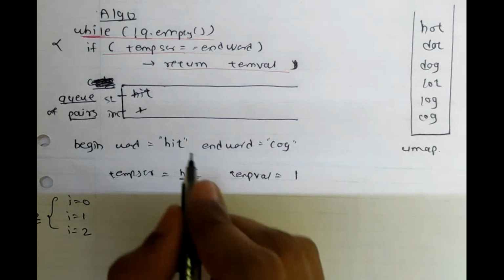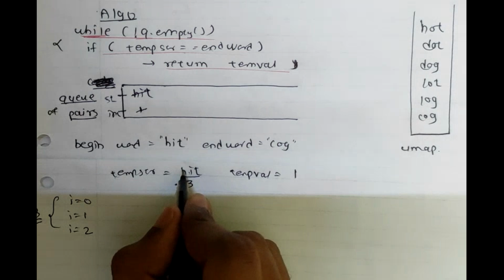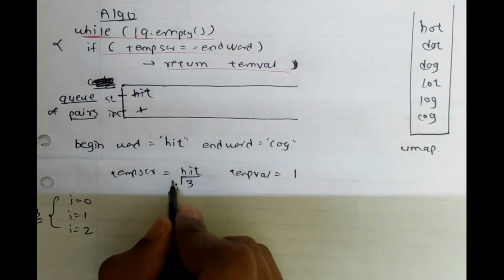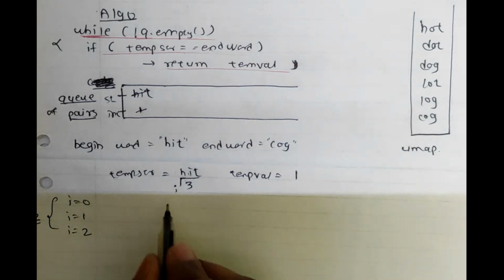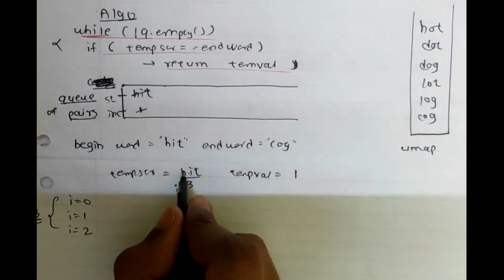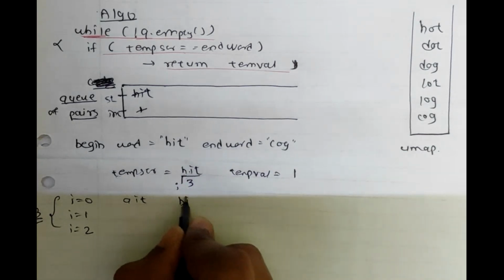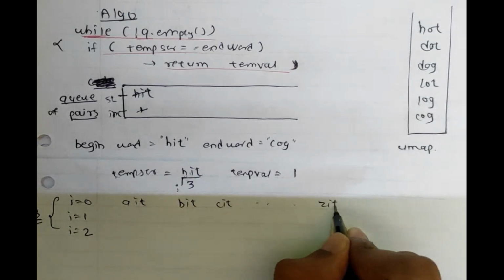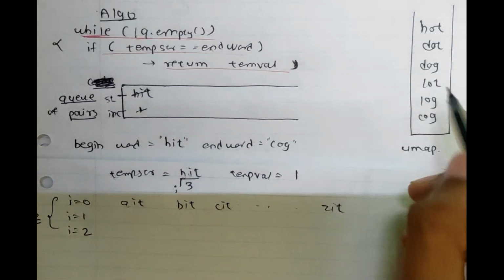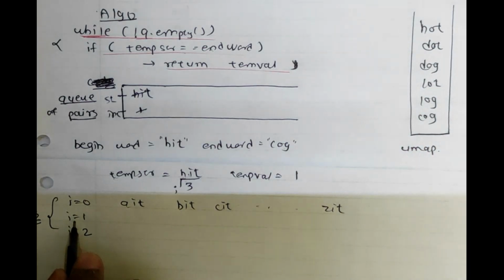For i equals 0, the first alphabet of the temp str will get replaced from A to Z. So the first character of the temp str will be AIT, BIT, CIT up to ZIT. Are these words present in the unordered set? No. So we will move on to i equals 1.